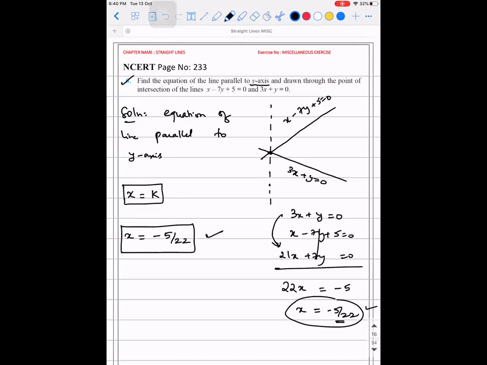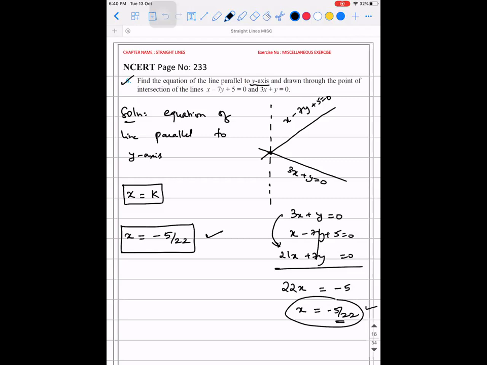Please check the answer. It's given k square units.